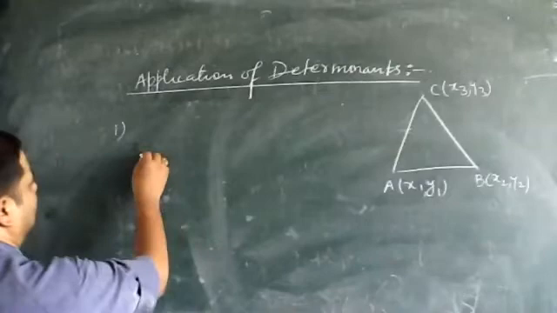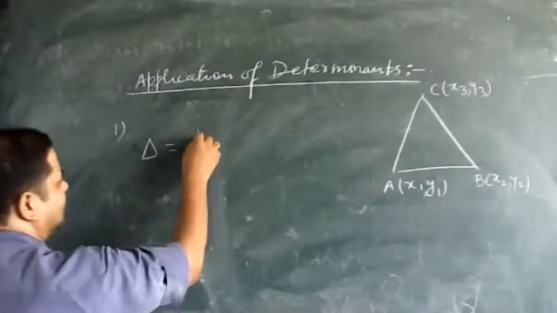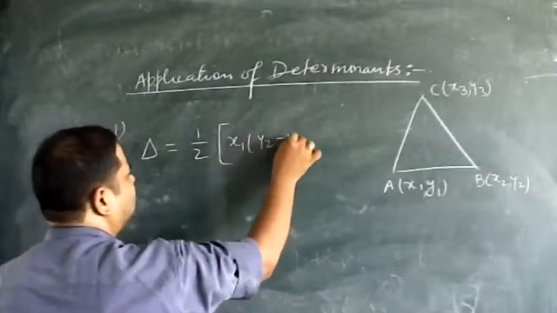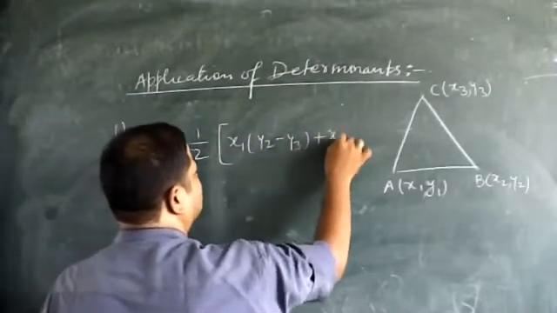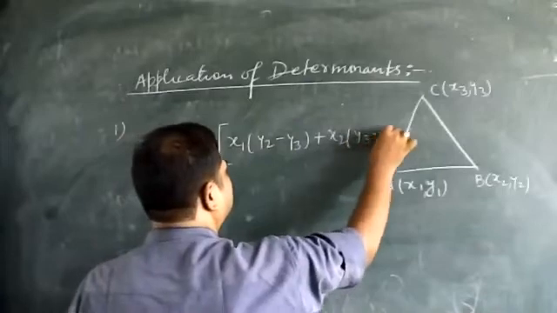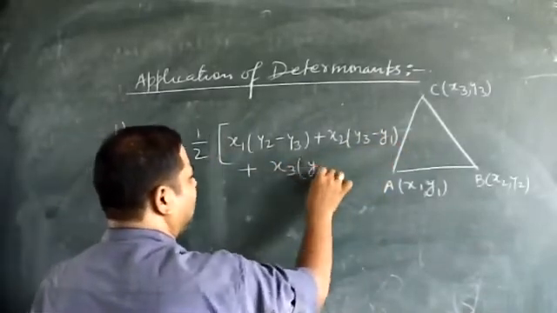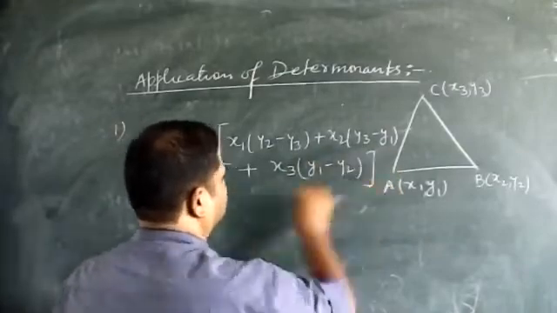Then the area of the triangle, delta, is 1/2 [x1(y2 minus y3) plus x2(y3 minus y1) plus x3(y1 minus y2)].